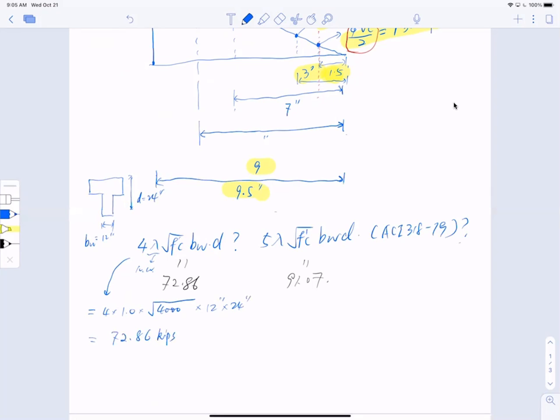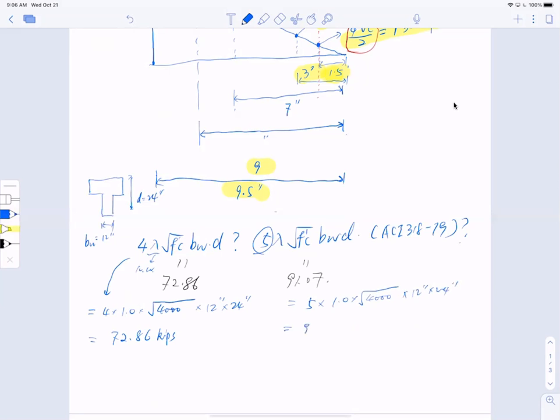I also want to check whether my section's total applied shear will exceed the upper limit. Remember in 318.14 we use a lambda, and last lecture I said the modification from 19 allowed only 5. So apply 5 multiplied by 1.0 multiplied by the square root of 4,000, and 12 inches, 24 inches.